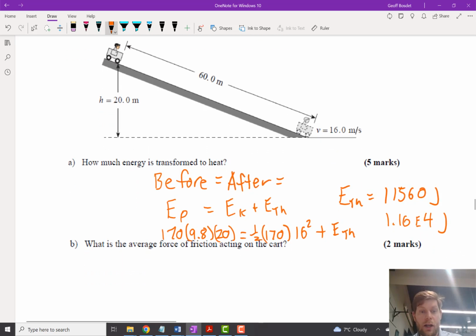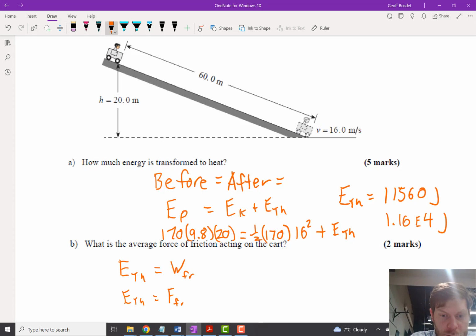And we want to know the average force of friction. Now, E thermal is equal to the work done by friction. So E thermal is equal to the force of friction times distance.